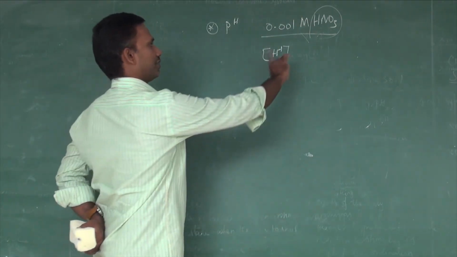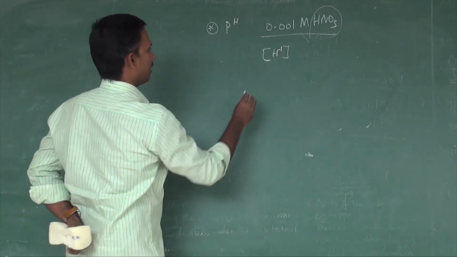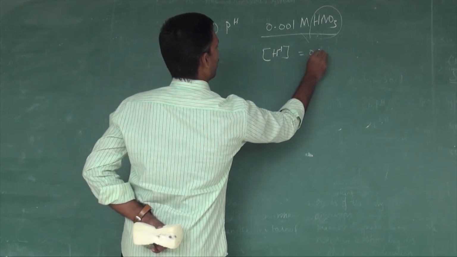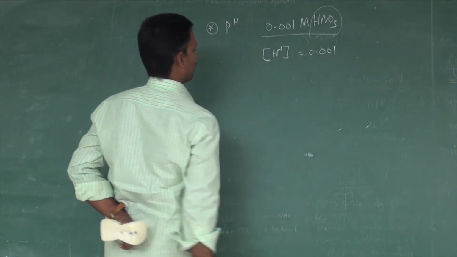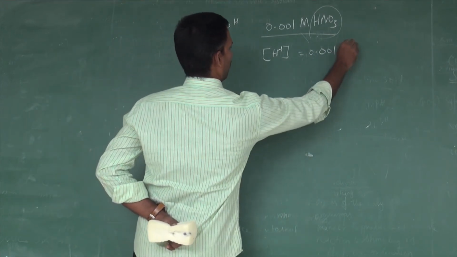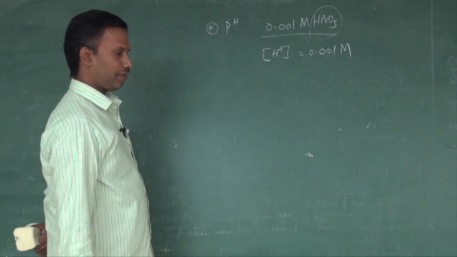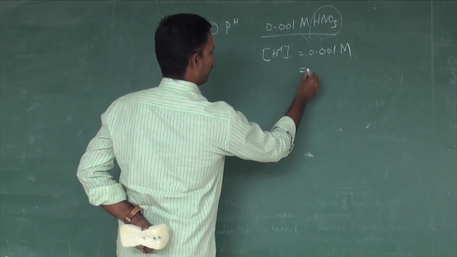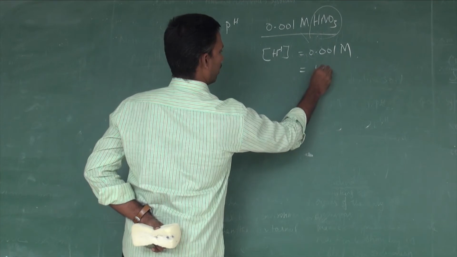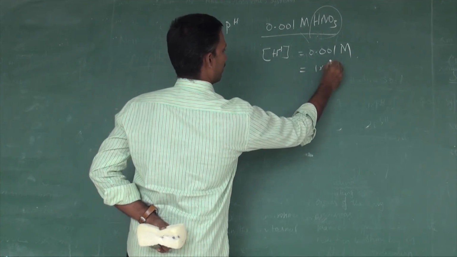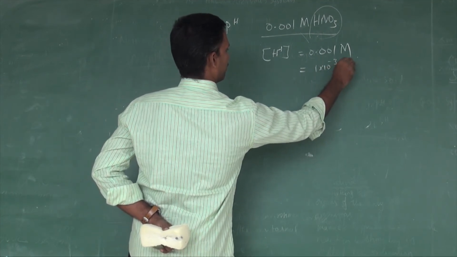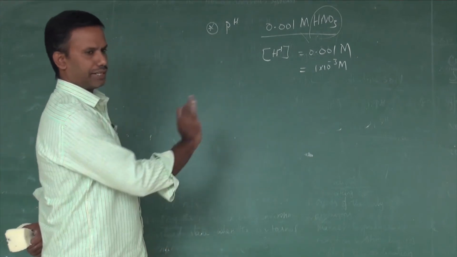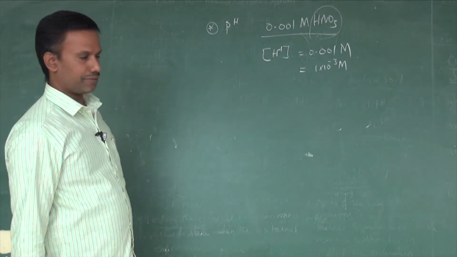So the concentration of H plus ion given is equal to 0.001 molar solution. Okay. For our convenience, we can write 1 into 10 power minus 3 M. Or simply 10 power minus 3 M solution.